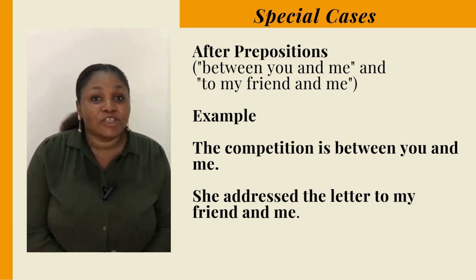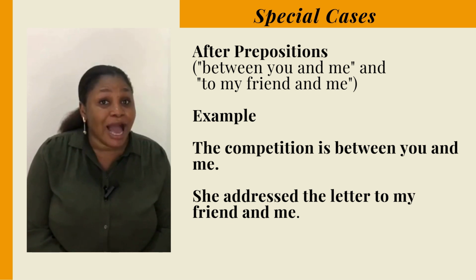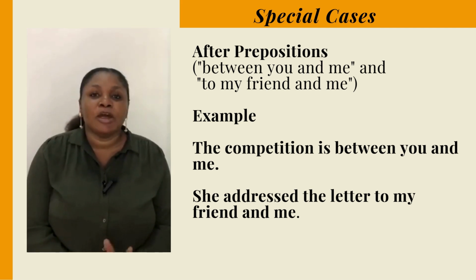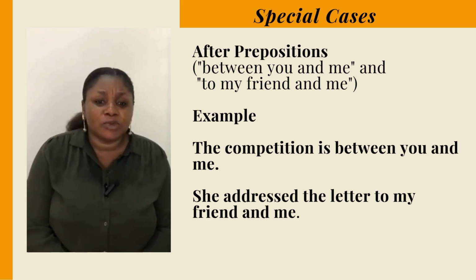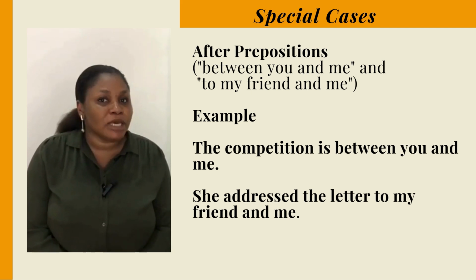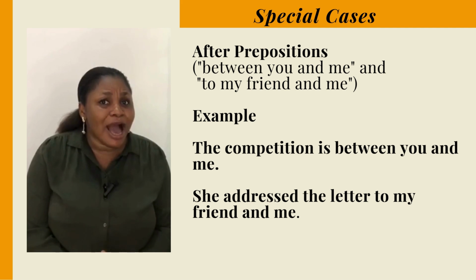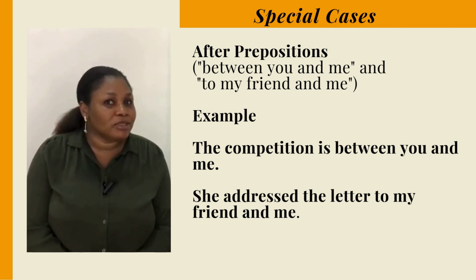Another trick is to use me after prepositions, okay? Now, always use me after prepositions. For example, the competition is between you and me. So you always use me after a preposition. Between here is a preposition.